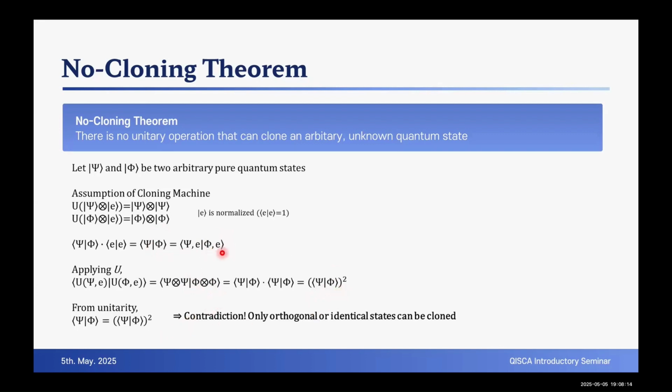Just note that applying the unitary here is the same as applying the unitary operator there. And this would become ⟨ψ|φ⟩, and it has to be equal to its square. But this final formula shows a contradiction of our assumption. Since only 0 or 1 is possible here, that means only orthogonal or identical states can be cloned. So this proves that perfect cloning is not possible in general.